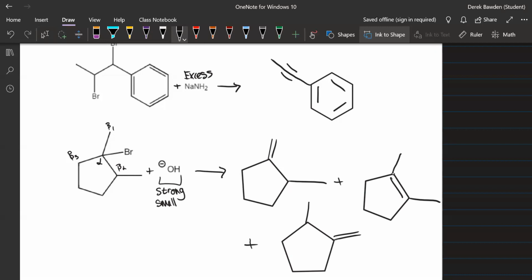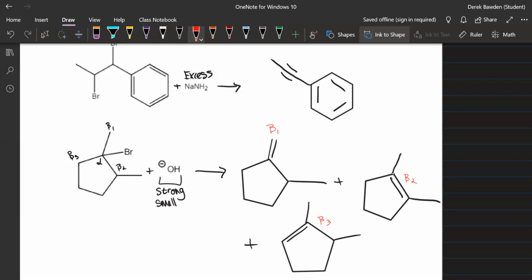Sorry, not there. Here. There we go. I was like, that doesn't look right. Right there. Perfect. So this is our beta 1 product, beta 2, and beta 3.